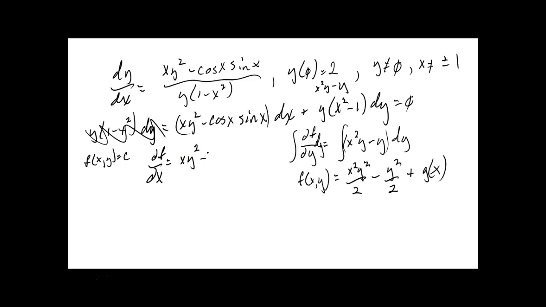Say again? Yeah, the y doesn't give you a thing, okay? Plus g prime of x. Perfect. Okay? Now, and I wrote it over here for a purpose, so we can compare it to this. So what does this tell you?